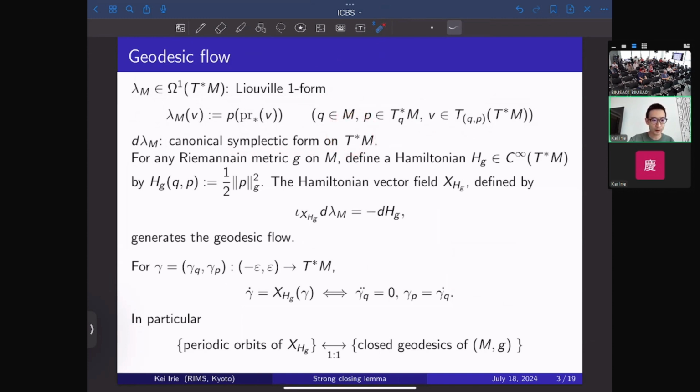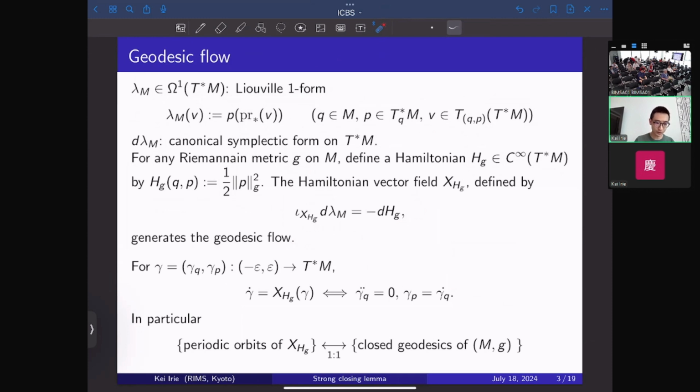On the other hand, if we have a Riemannian metric g, we can define a Hamiltonian H_g on the cotangent bundle by this formula. So H_g(q,p) is half of the square of the norm of p. And we can define its Hamiltonian vector field X_{H_g} by this formula. Here, iota denotes the interior product. And the geodesic flow is the flow generated by this vector field.